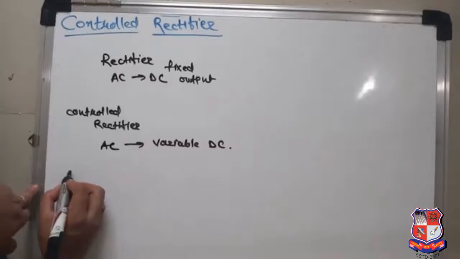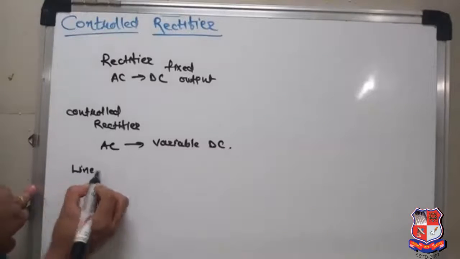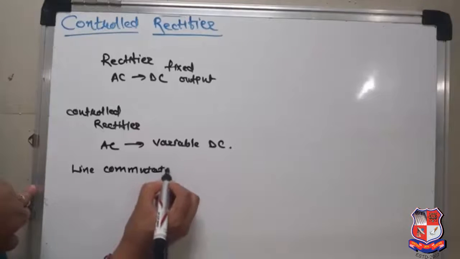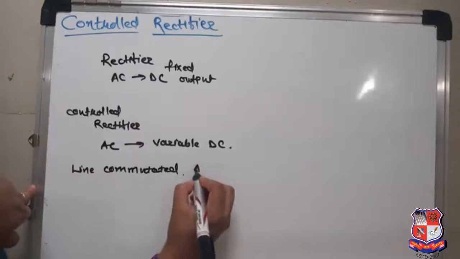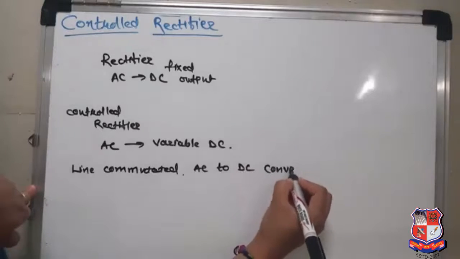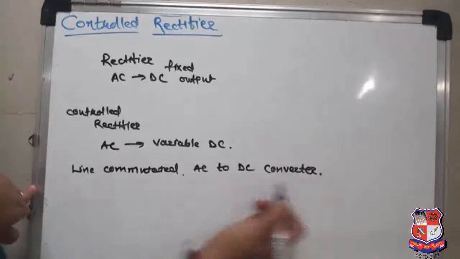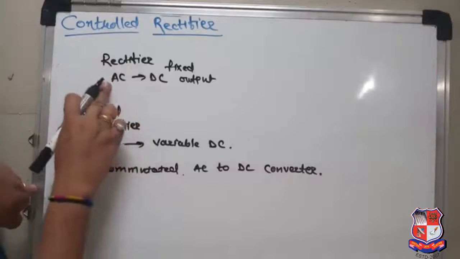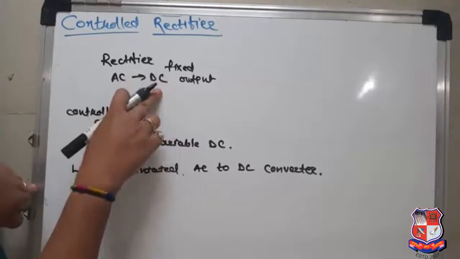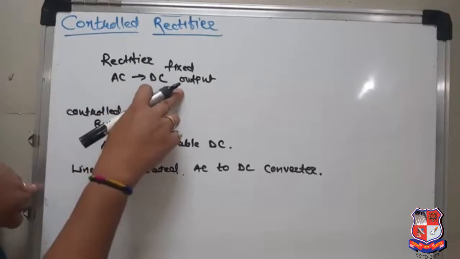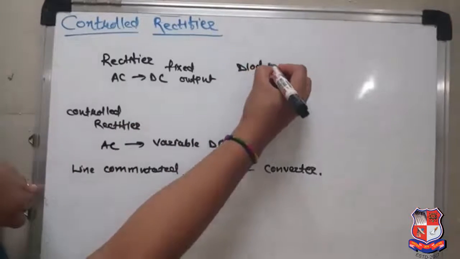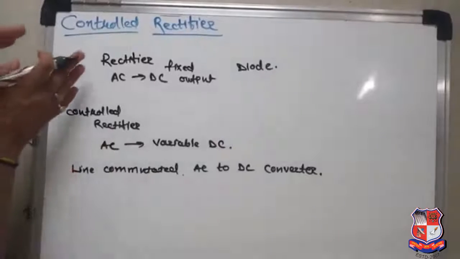It is also referred to as the line commutated AC to DC converter. So in a rectifier, the input is AC but you get a fixed DC supply at the output side, and we use a diode to form the rectifier.